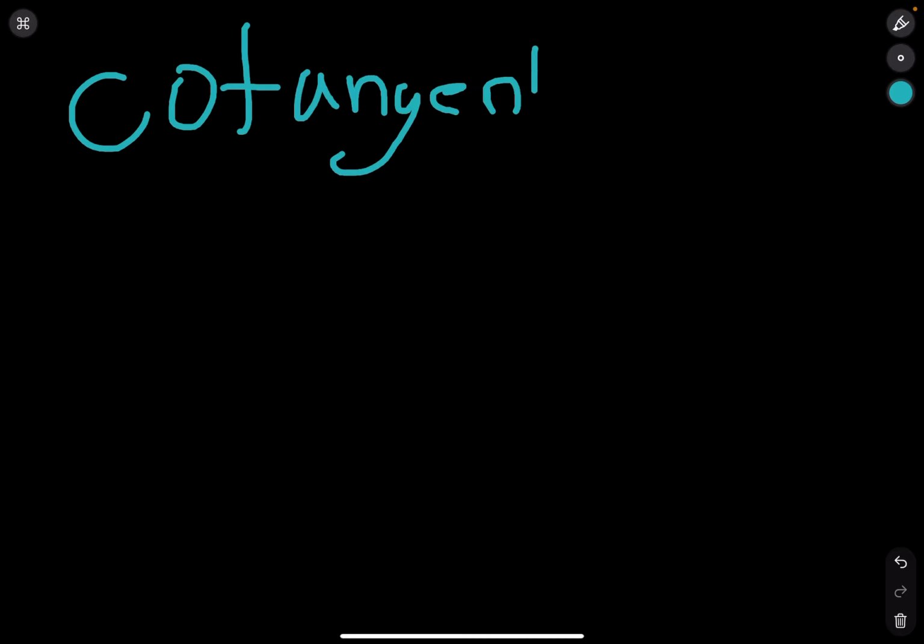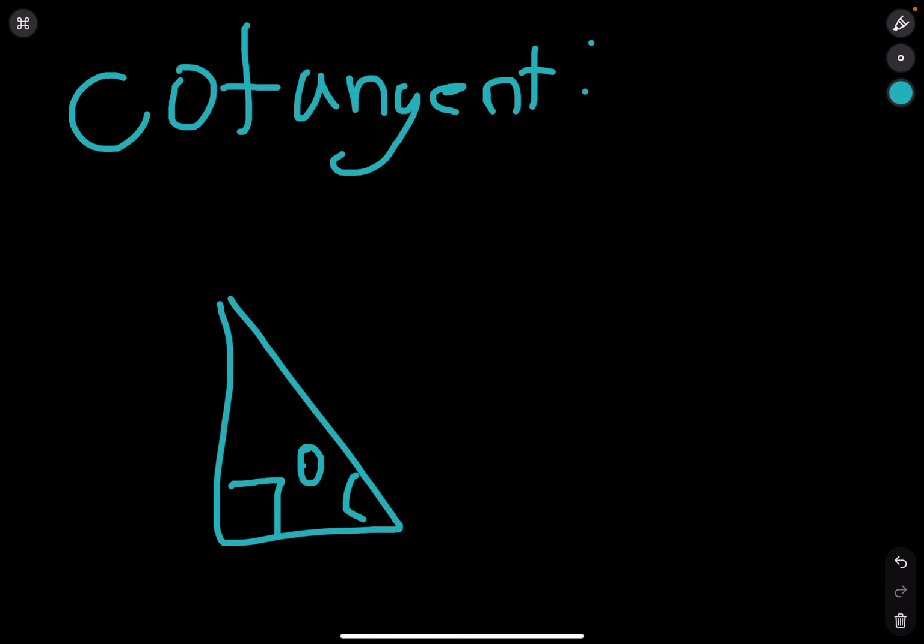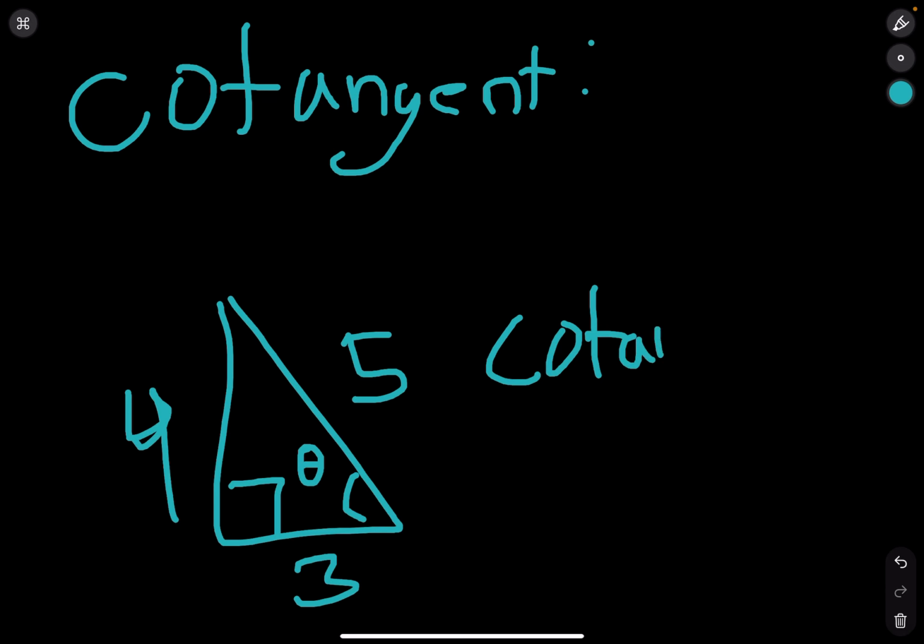Last one, but not least, cotangent. So we will draw a triangle. Gosh, that does not look like a triangle at all. So I'm going to label our sides. 3, 4, 5. Let's find the cotangent of theta. Cotangent is just going to be 1 over tan, which then equals the reciprocal of tangent.